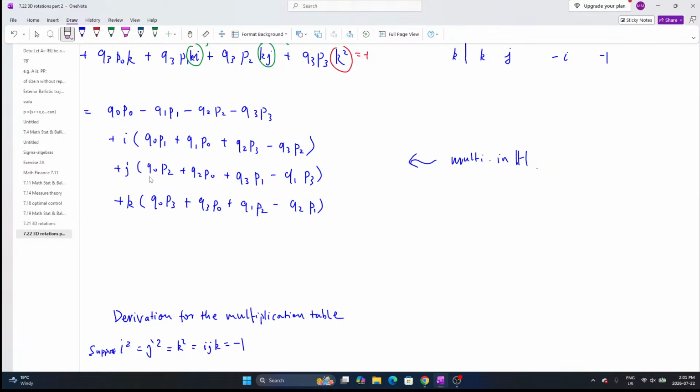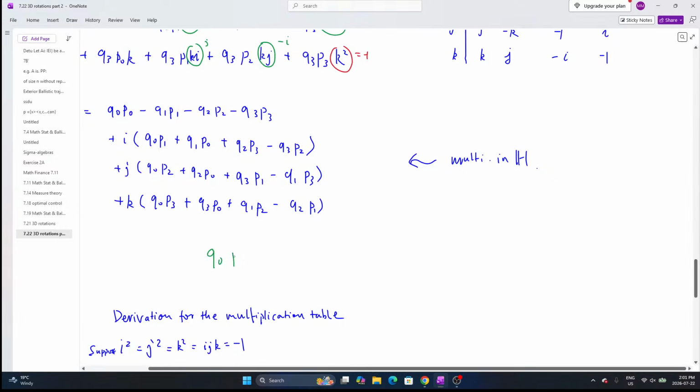So why do they not cancel? Q0P2 becomes Q0 times minus Q2, plus Q2P0 is minus Q0. They don't cancel. See, that's why I strongly promote the algebra suite.